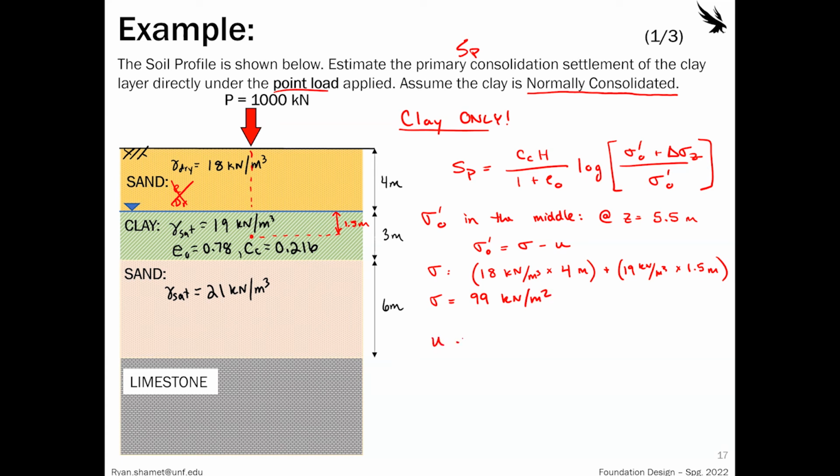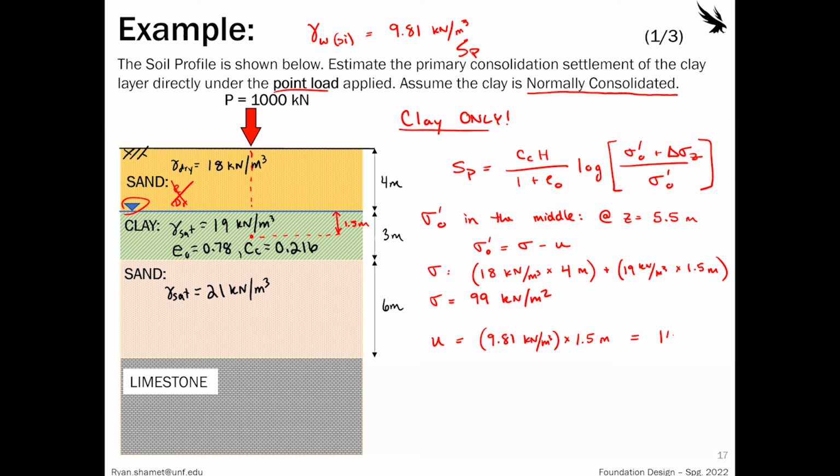And then our pore water pressure, that's just how much water head is above our point. So at our point, the water table is right here. We only have 1.5 meters of water above our point. So this is 9.81 for the unit weight of water in SI, multiplied by 1.5 meters.